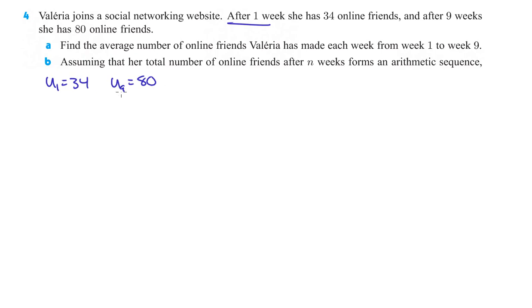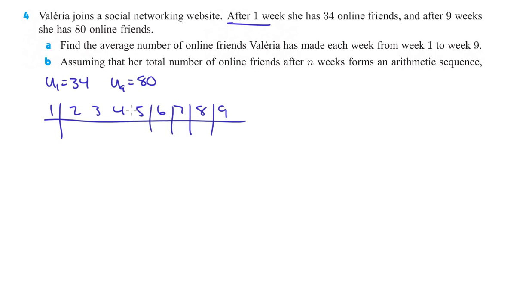Whenever I don't know what the difference is and they just give us a couple terms, I really like to make this chart here. So I like day after the first day, second day, third, fourth, I'm going to go all the way up to 9. Okay, and it's just a nice visual way to help me see what's going on instead of trying to calculate.